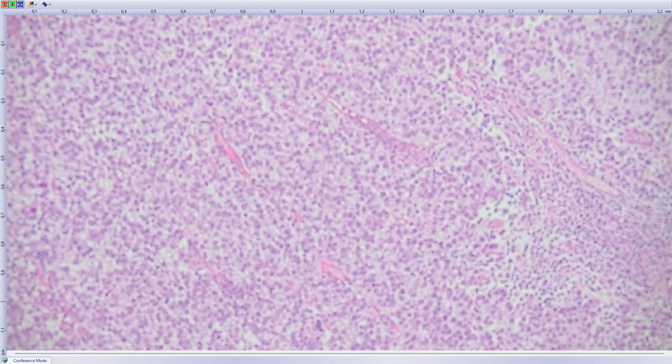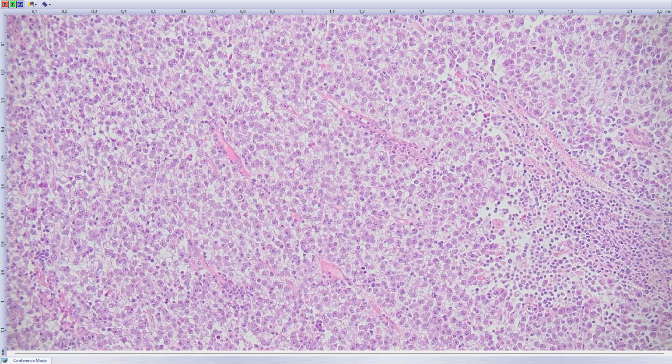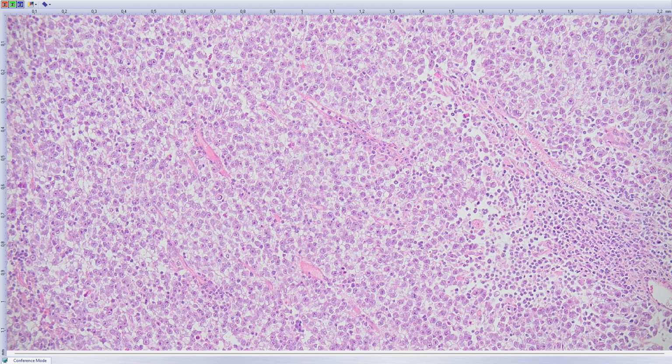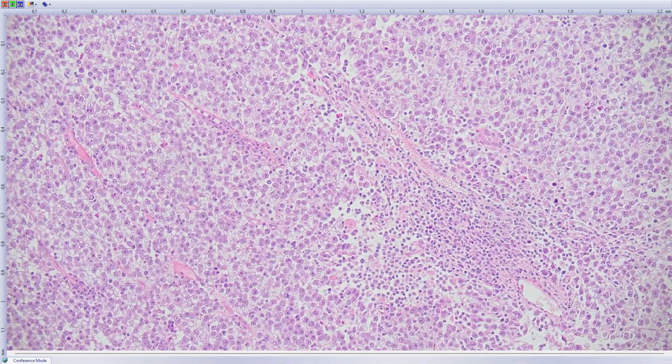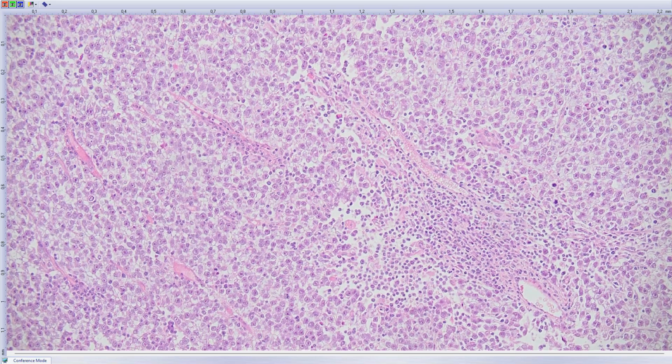So this is really very simple, basic pathology. And with this morphology, roundish cells with very prominent nucleoli with some inflammatory cells in the background. Sometimes we may have epithelioid granulomas as well. The diagnosis is simple, it's classical seminoma.